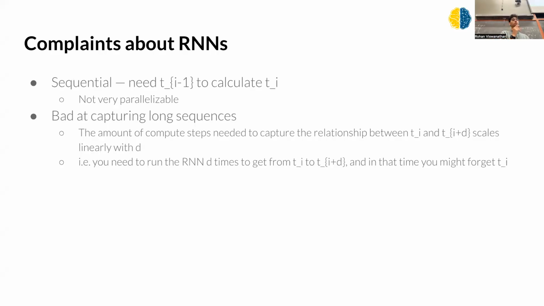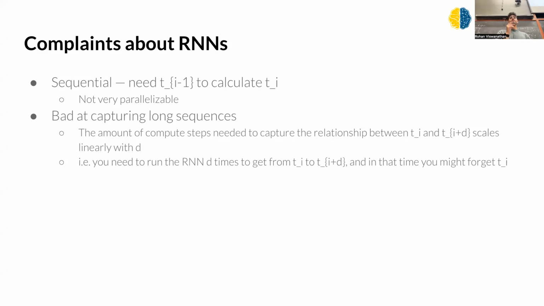There are some problems with RNNs, right? We know that this is sequential, which means that we need some sort of previous state to calculate our current. This isn't very parallelizable because we have to go in order, right? From left to right to come up with a future state based on previous states. This makes it bad at capturing long sequences.